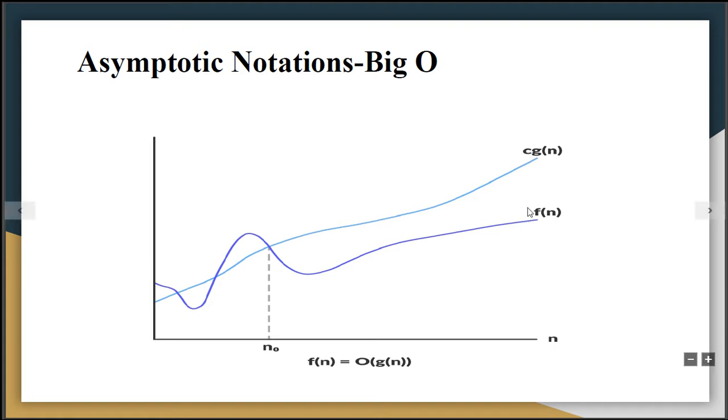If you can observe, f of n is the actual cost which we are calculating for an algorithm at runtime, and g of n is the estimated cost. C is a constant which is depending on g of n. That means there are some factors which are available at runtime which we have to take under consideration. Those are identified with C.